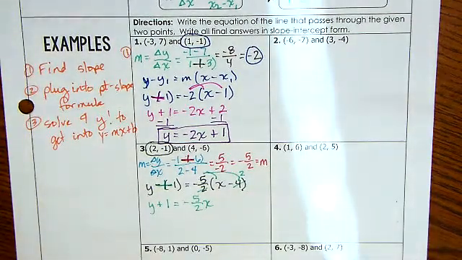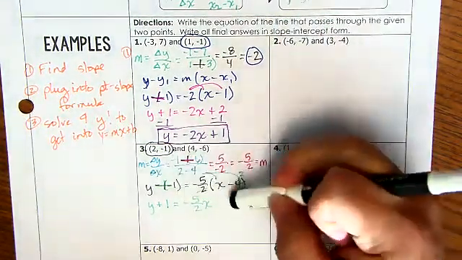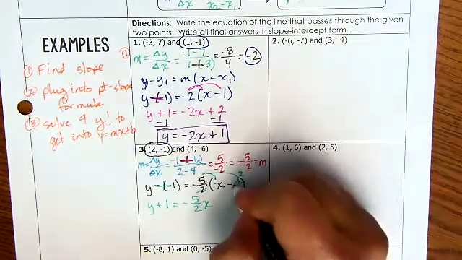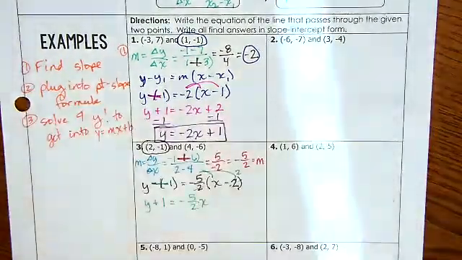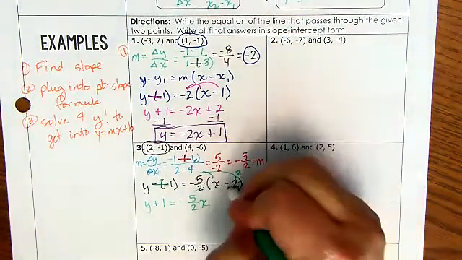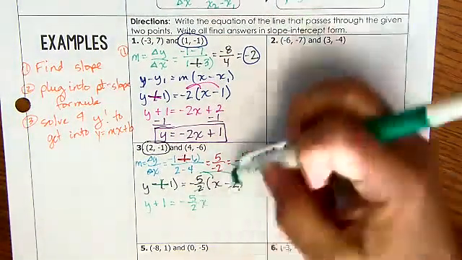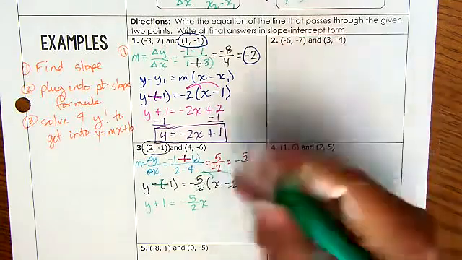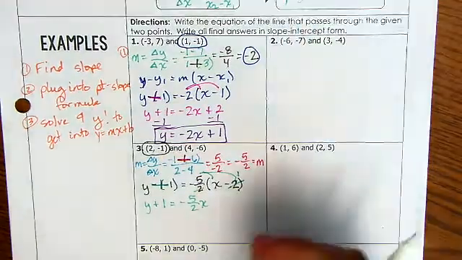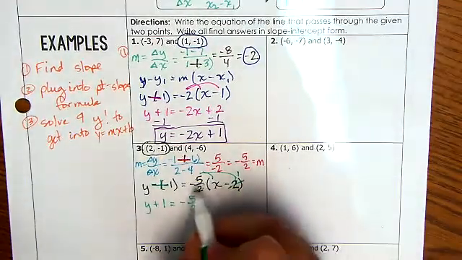This is what happens when you rush. I'm combining the 2 points. This is supposed to be 2 here. Whew, I have a lot of mistakes to help Miss Wilson with. So the 2's cancel, and this is a 1. You just realize that you can make mistakes, so be careful.